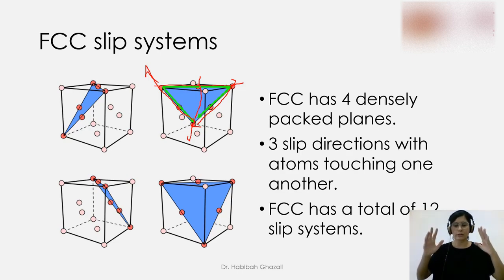So they're not restricted to only 3 or to only 6. They can travel in these 12 slip systems. So they are more ductile than the other 2 that I will explain following this slide.